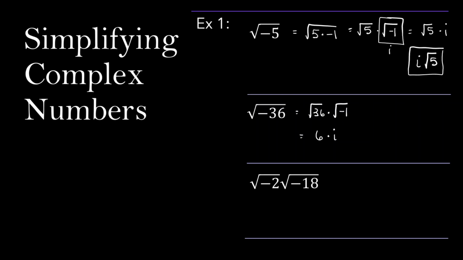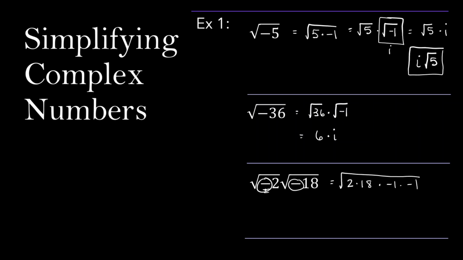This is commutative. But we do want to make sure we keep track of the negatives as we work through it. So this whole expression would be like 2 times 18 times -1 times -1. We have two negative signs.